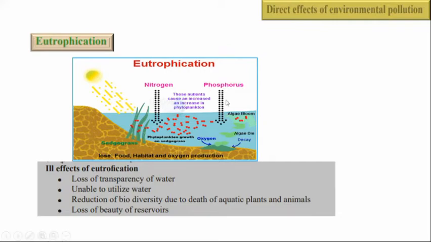Due to the increase of these, we can see algal growth, right? So algae grow and form a green colored foamy layer, right? So this incident is called eutrophication. Here you can observe a greenish surface, that is eutrophication.